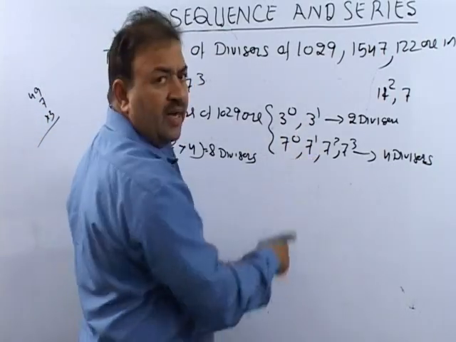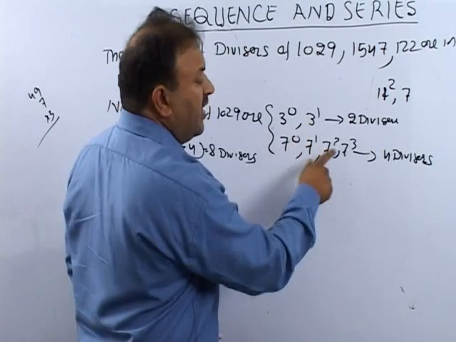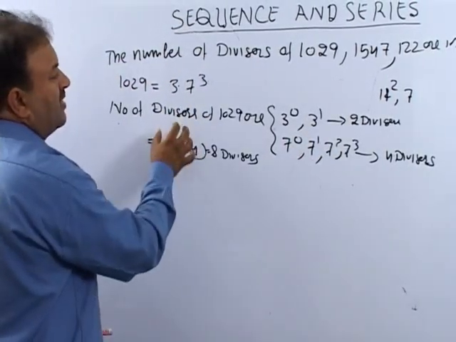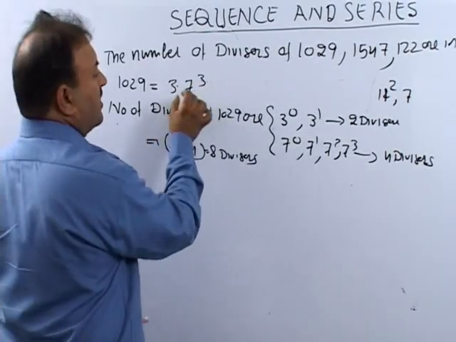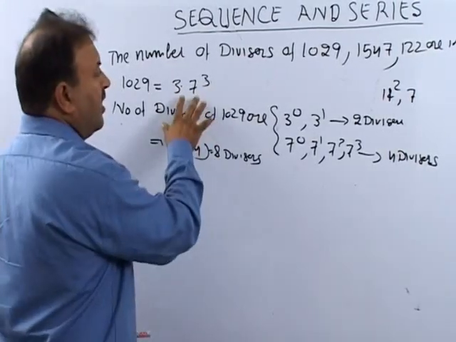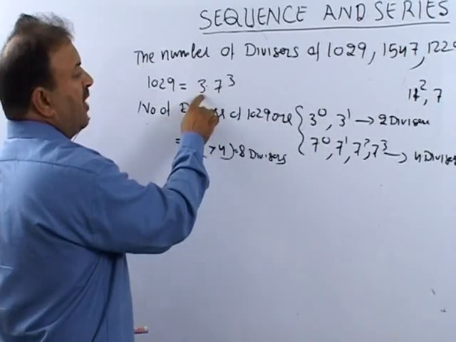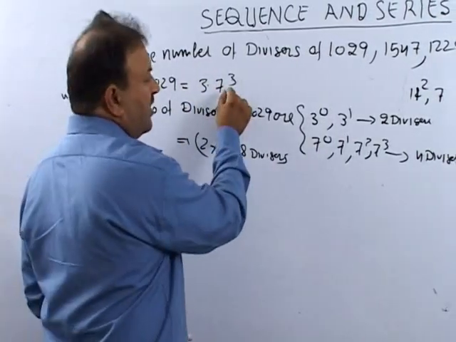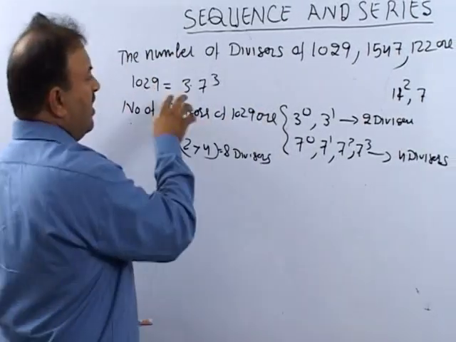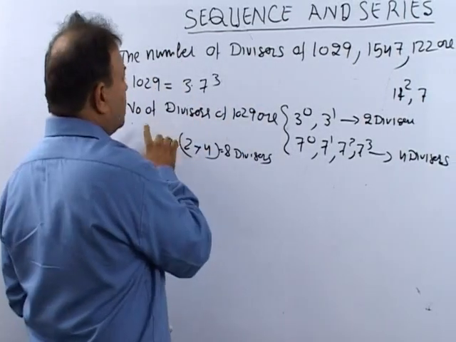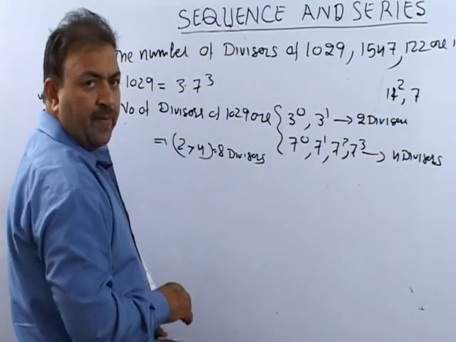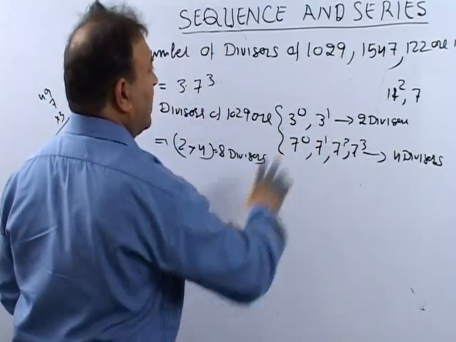Then 3 into 49 is another divisor, and 3 into 7 cube is another divisor. So the method is to make the divisors of the individual prime powers, then multiply the counts. The number of divisors of 1029 is 2 and 4 multiplied, which is 8. We will adopt the same procedure for all.